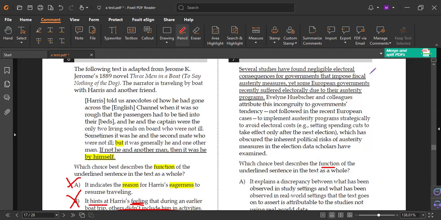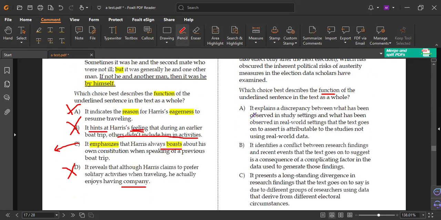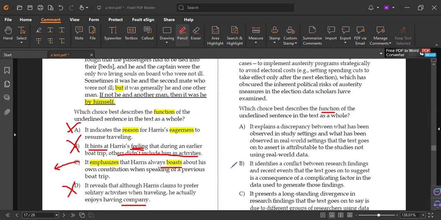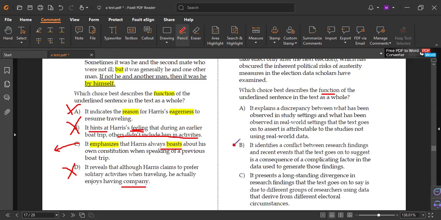Is it D? Did you open your PDF? So letter D. Oh, it must be letter B. B, okay. I thought of identifies. I thought of it, but when I was like, no. That is right.